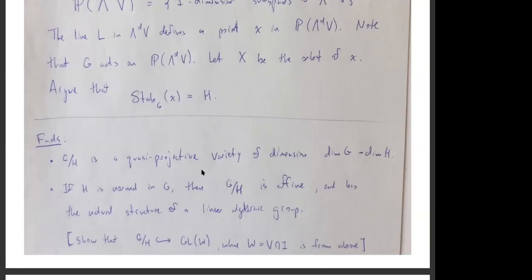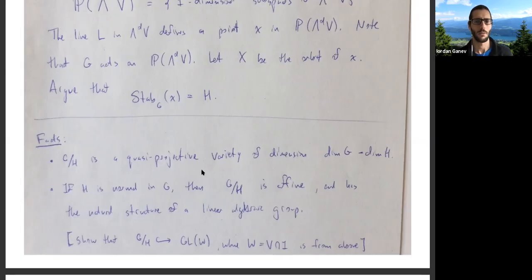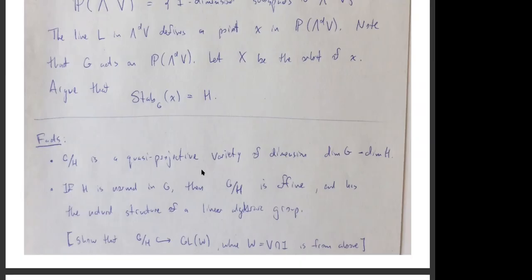Well, I guess I want to know why explicitly it's Zariski closed. It's not Zariski closed inside the projective space. If it were closed, then it would be a projective variety.